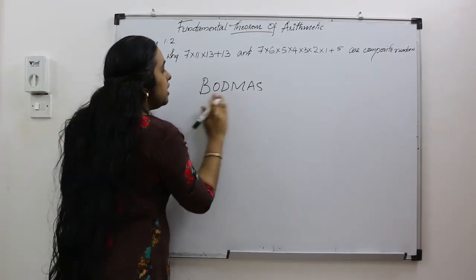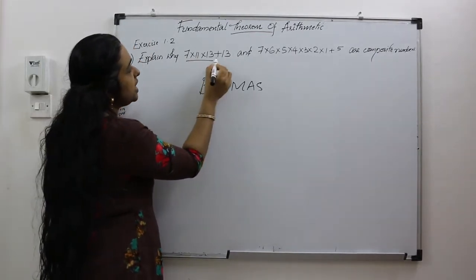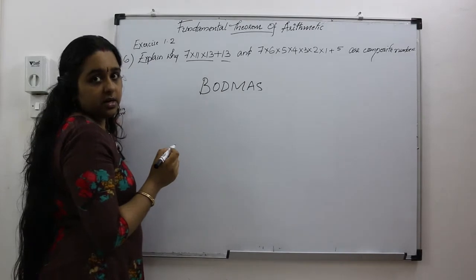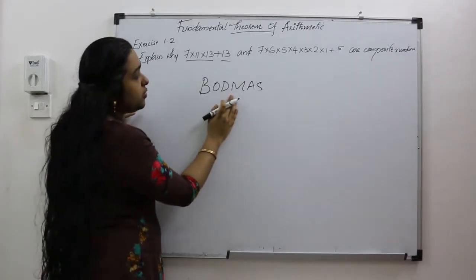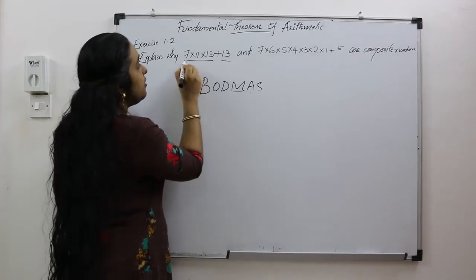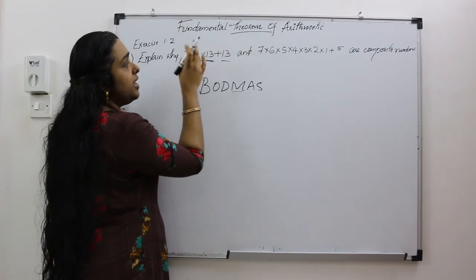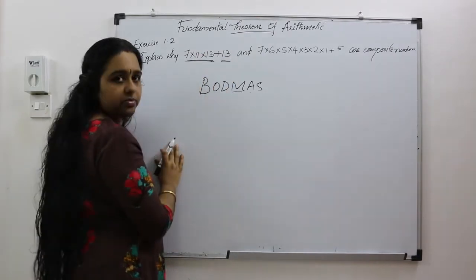Now look at the question. Here we have multiplication and addition. As per the BODMAS rule, multiplication comes before addition, so we have to multiply first and then add that result to 13.